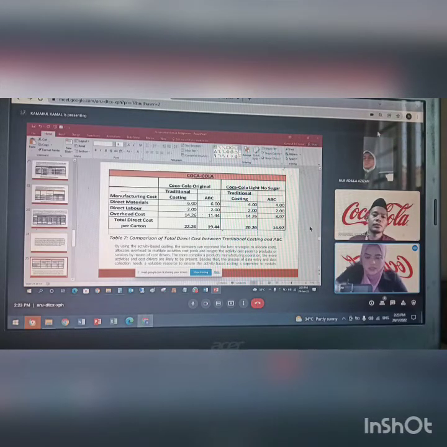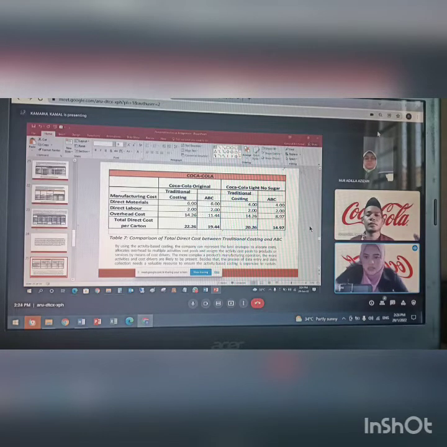We can see the comparison of total direct cost between traditional costing and ABC. From this table, we can see the comparison between traditional costing and ABC. For Coca-Cola Original, the overhead cost is 14 ringgit 26 cent, and ABC is 11.44.